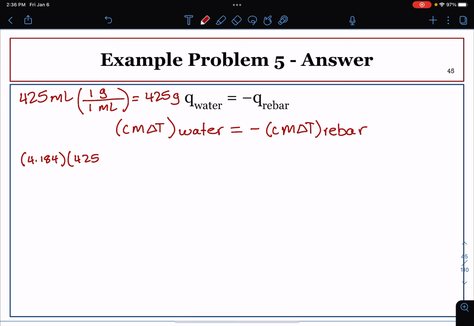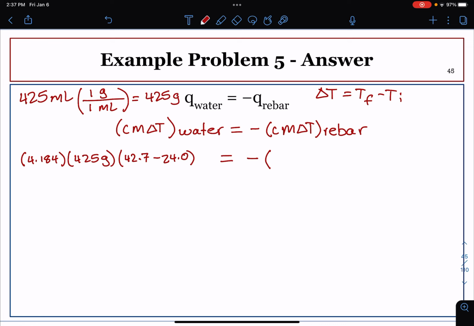It's important that our mass is in grams because the specific heat has units of grams, and they need to cancel. Delta T is always T final minus T initial. The final temperature of the water, as given by the problem, is 42.7, and the initial temperature of the water is 24.0.